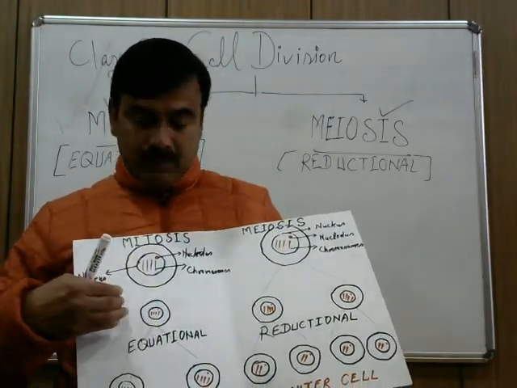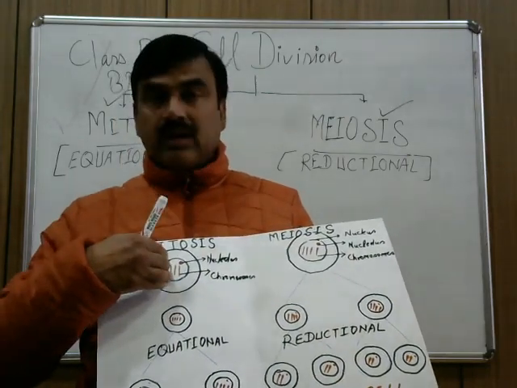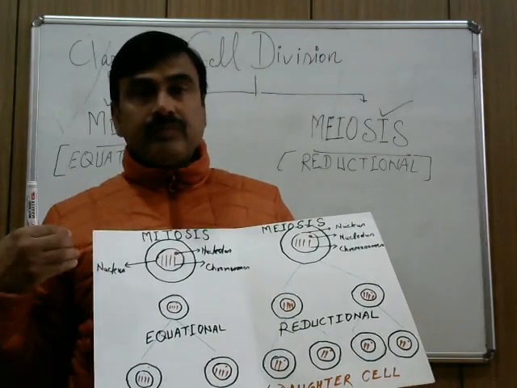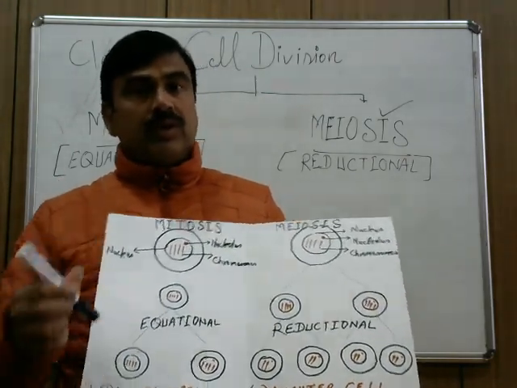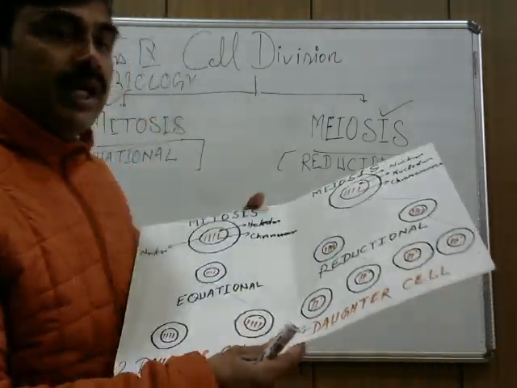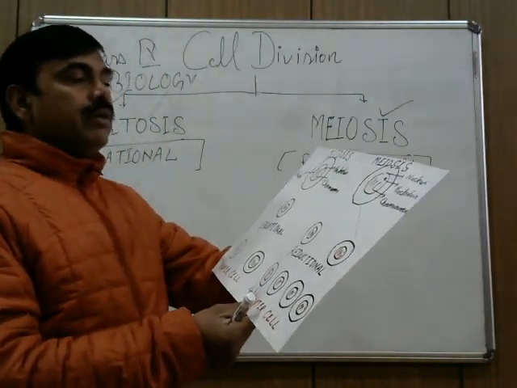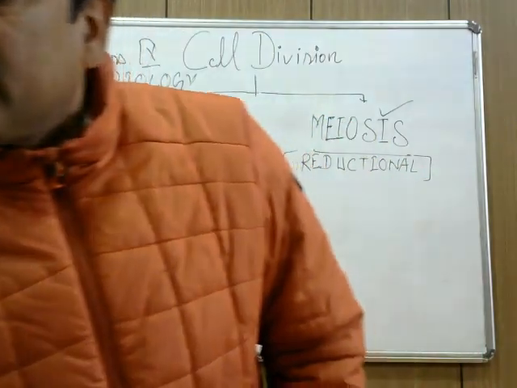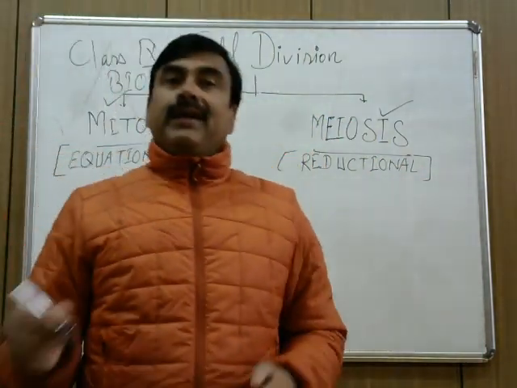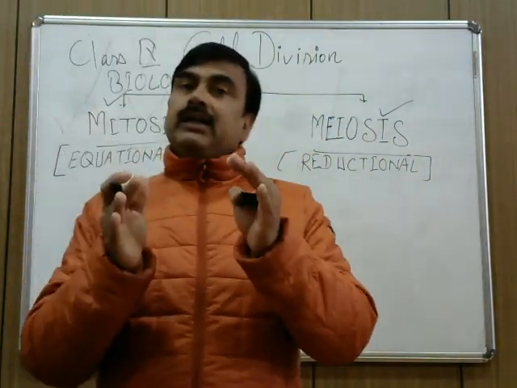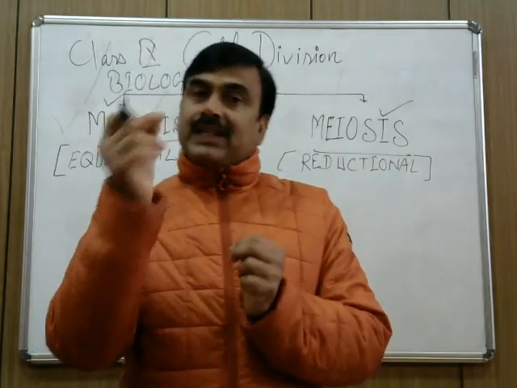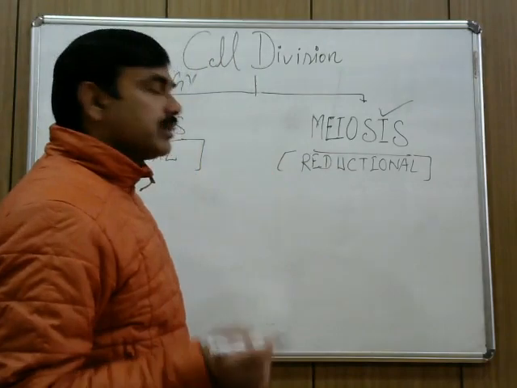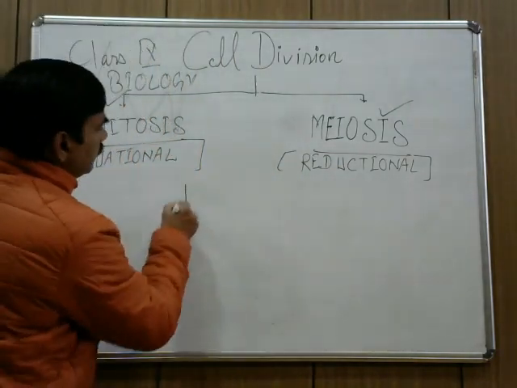It is totally based on the division of chromosomes, and division of cytoplasm also. I am again going to explain a few important terms for your convenience. When any cell division starts, the first process which takes place is called karyokinesis.